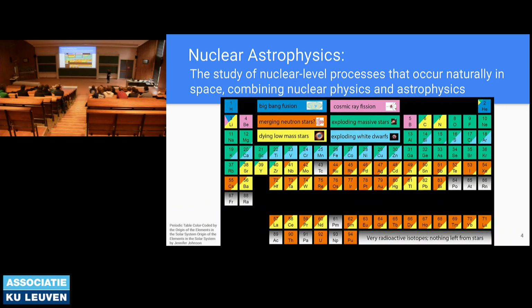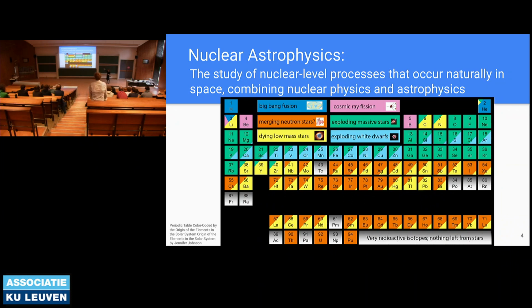So now we come to nuclear astrophysics. And here is the periodic table. Because nuclear astrophysics is basically the study of nuclear level processes that occur naturally in space, combining nuclear physics and astrophysics. And if we look at this one, this is a very nice representation of 6 different potential sources of the isotopes. So we have Big Bang fusion, which mainly produces hydrogen and helium, a little bit of lithium. We have merging neutron stars, which is also known as the very fancy R process or kilonovas.